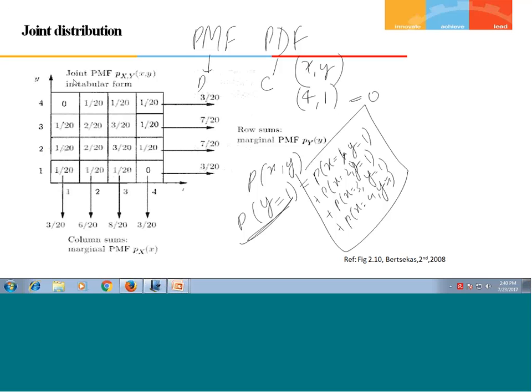Likewise, I will sum up the column if somebody is asking what is the probability of x irrespective of y. For example, for x equals 2, irrespective of the value of y, I will sum up the column: 1 upon 20, 2 upon 20, 2 upon 20, and 1 upon 20. I am reading it from bottom to top. So it is 6 by 20.